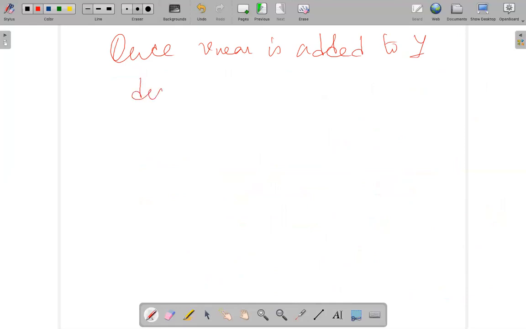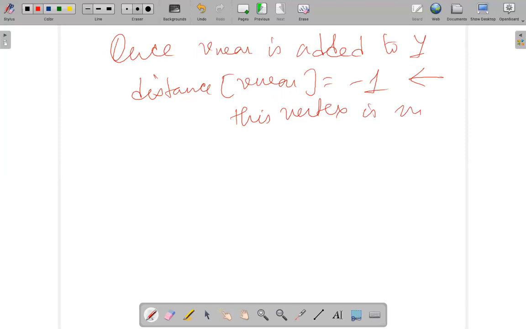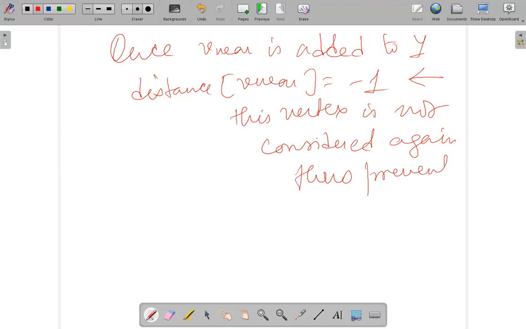I will set distance vnear to -1, because this would ensure that this vertex is not considered again, thus preventing cycle formation.